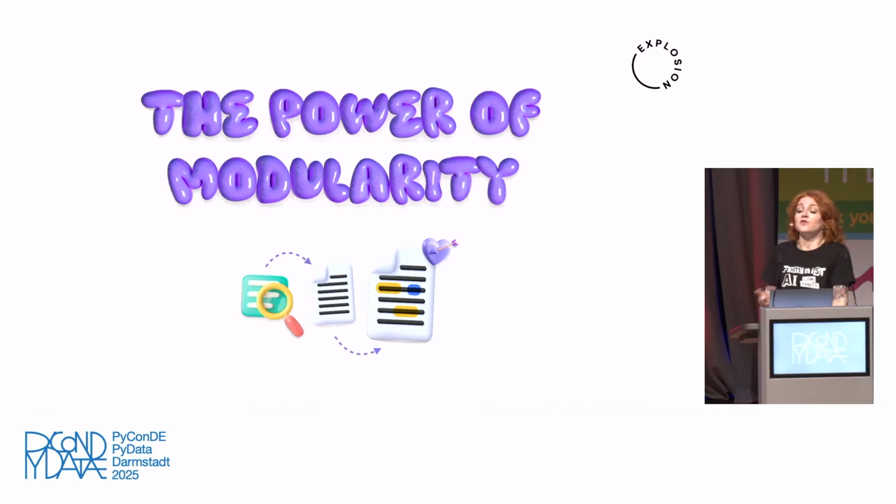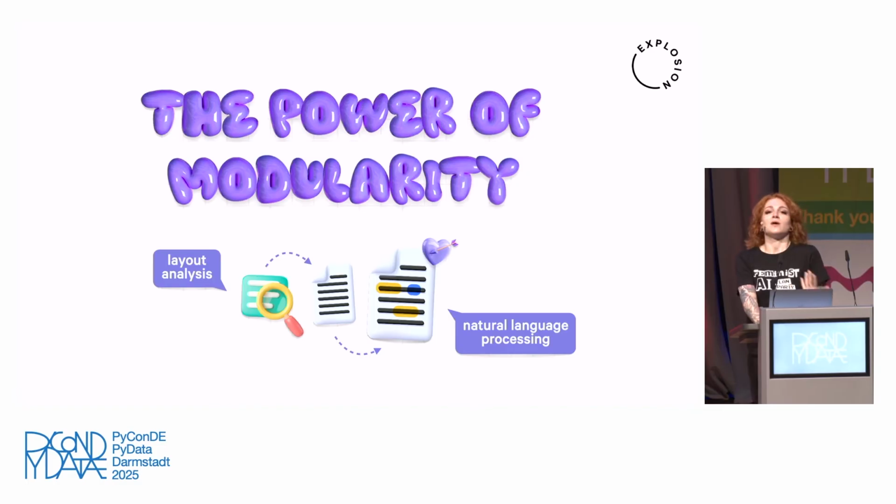modularity, just like in normal software development, is actually really powerful here. And the fact that our data came from a PDF shouldn't really matter as much as it currently does. I think that's why it's crucial to really get the data out of the PDF, not treat it as the source of truth, and instead treat it simply as a different input source that we can also apply more traditional natural language processing methods on, because these are things that are really tried and tested over a long period of time.